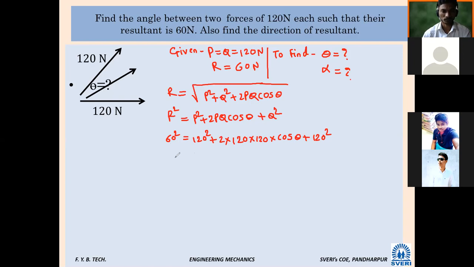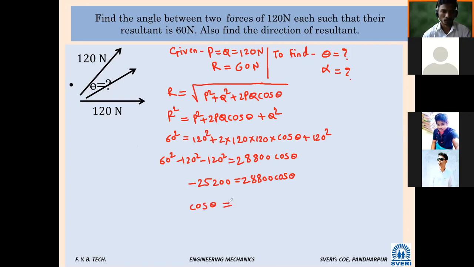In simple terms, 60 square minus 120 square minus 120 square equals 28800 cos theta. The value comes to minus 25200 equal to 28800 cos theta. So what will be the value of cos theta?